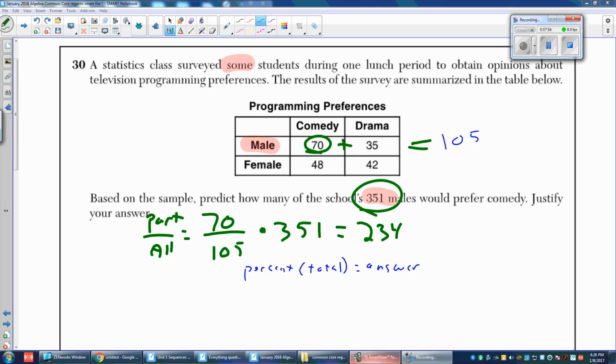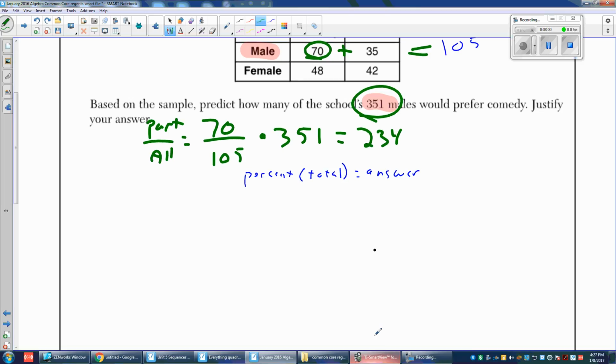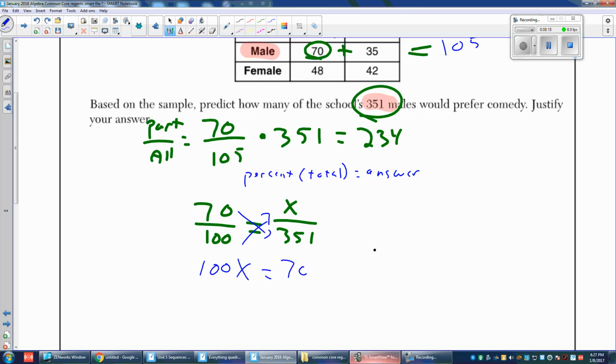I said there was a second way to do this. And that is still part over all has to equal what number over 351? The product of the means, 105 times x equals the product of the extremes, 70 times 351.